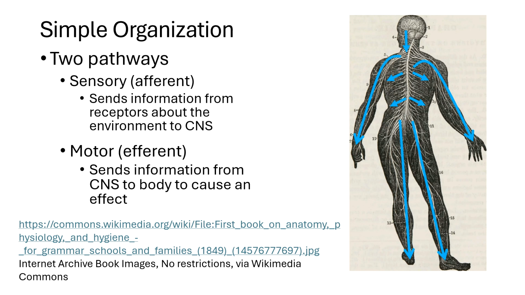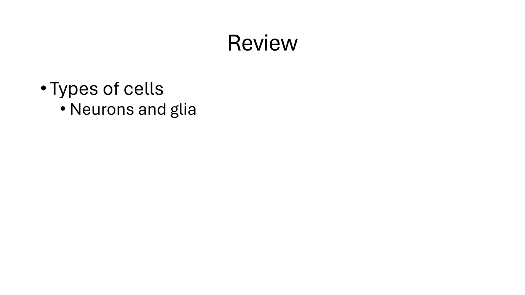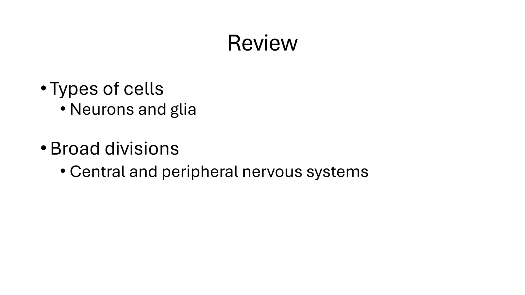So, with that in mind, let's just do a little bit of a review. First, we went over the types of cells in the nervous system, the neurons and the glia. And then we went over how we can divide the nervous system into two broad divisions, the central and the peripheral nervous systems.